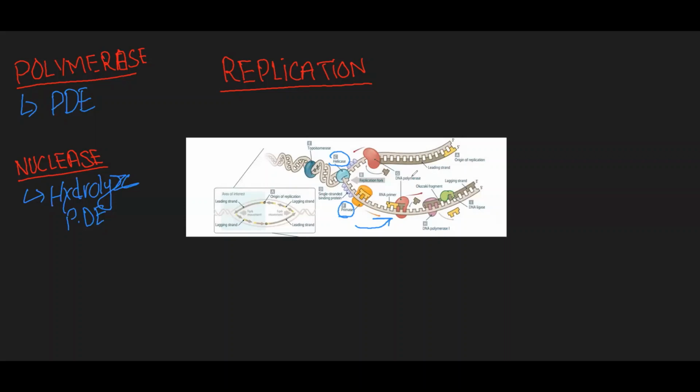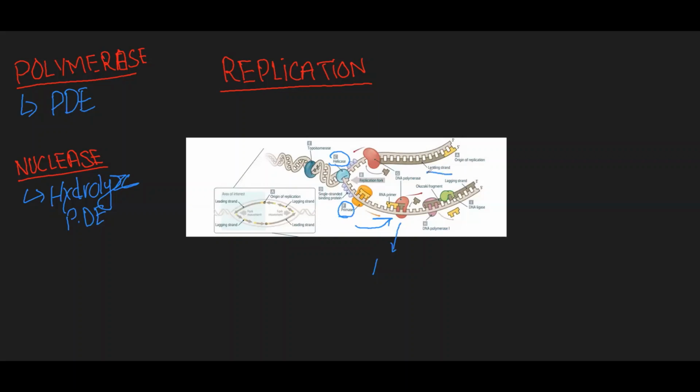So DNA polymerase does not initiate DNA replication itself. It works on the RNA primer. The RNA nucleotides of this primer are removed by another enzyme, and after that, the primer is elongated by the DNA polymerase.